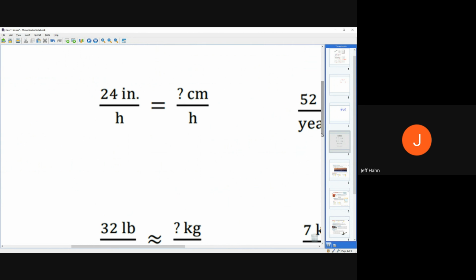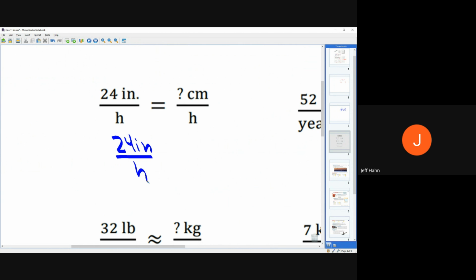But what I do want to change is inches into centimeters, that's the one that goes away. Using the same rules that we talked about before, this is my starting thing. I don't need to put it over one because it's already a fraction. So it's already 24 inches over 1 hour.